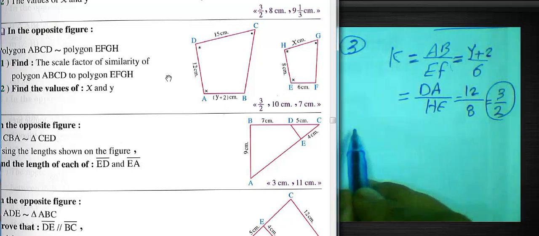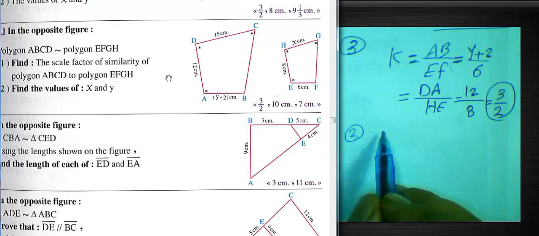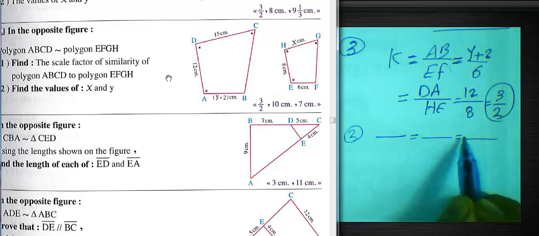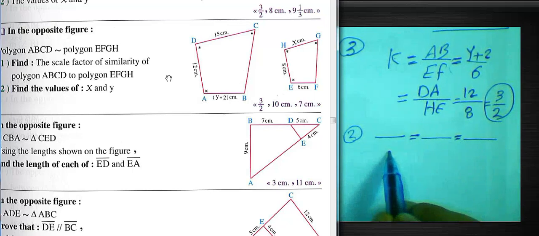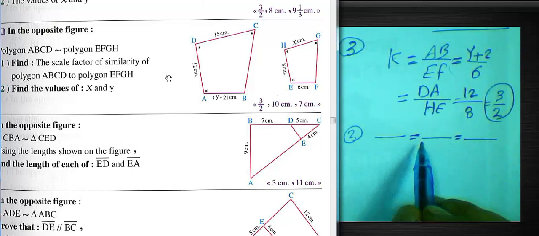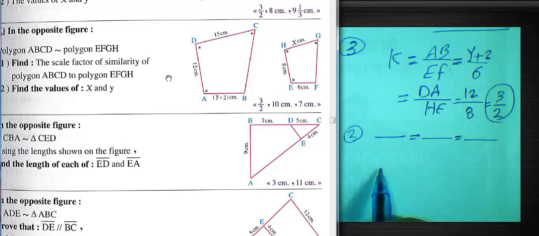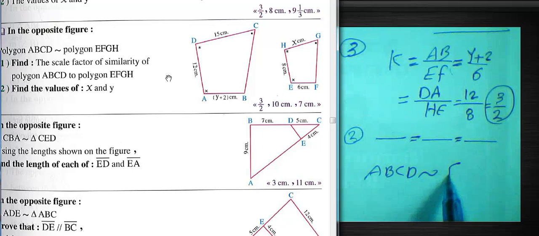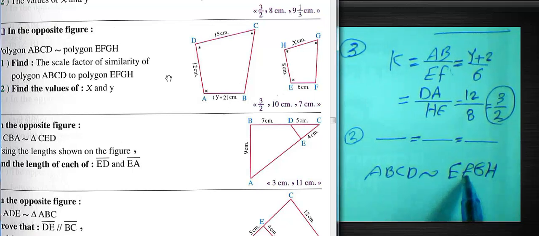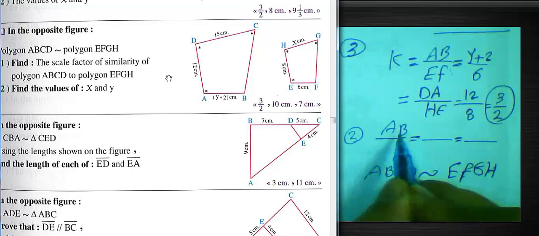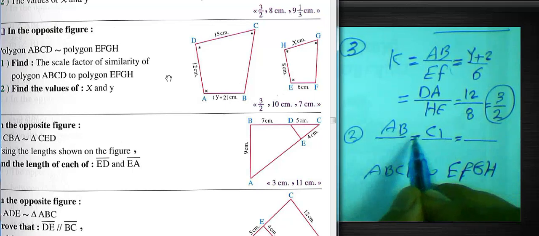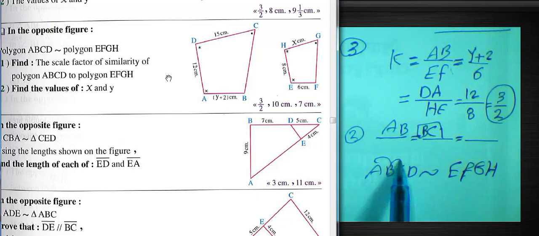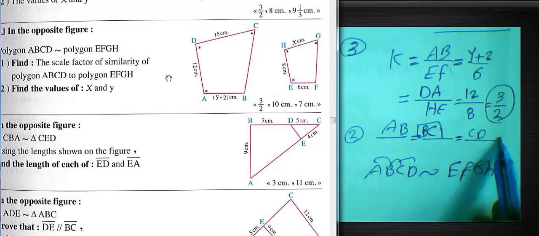Question number 2. We can find the values of x and y by finding the proportion between first over second, such that, look here, we have two polygons, ABCD similar to polygon EFGH. We can write AB, BC, CD, DA.